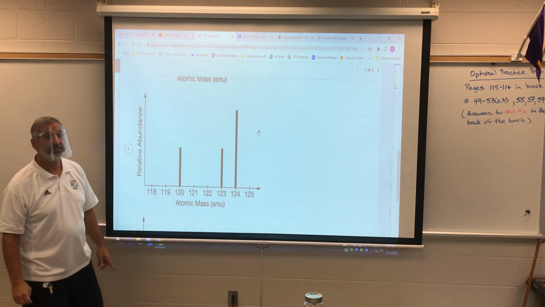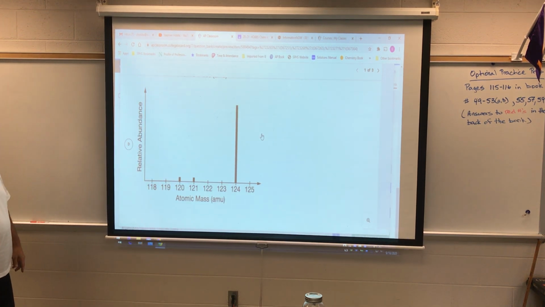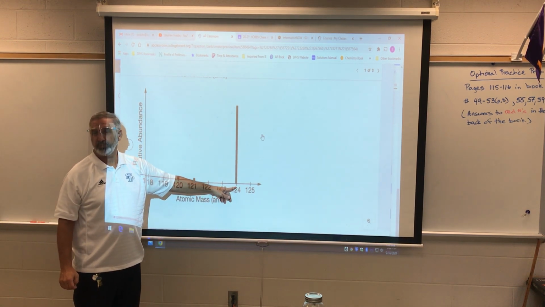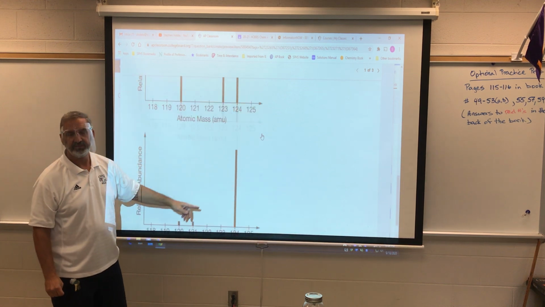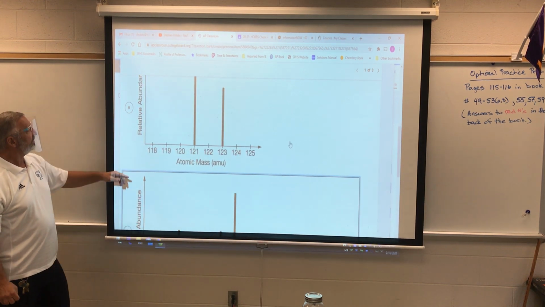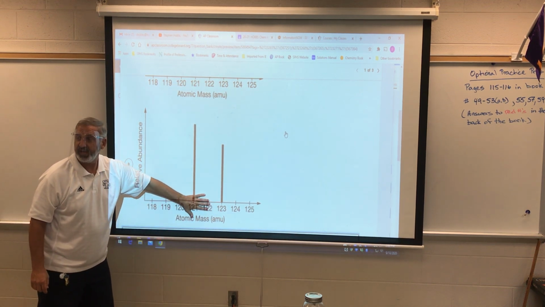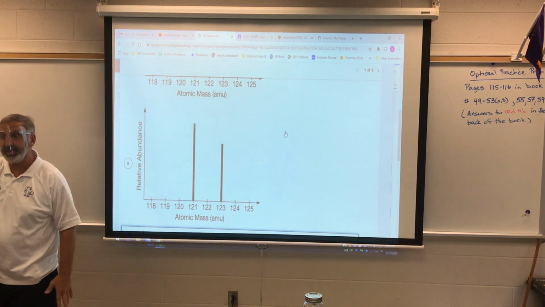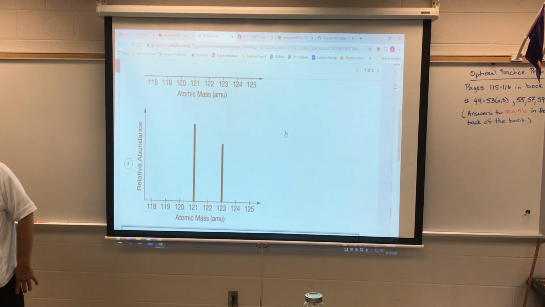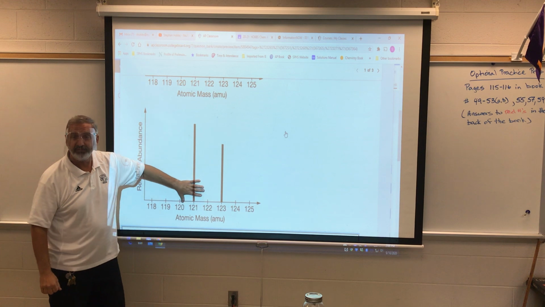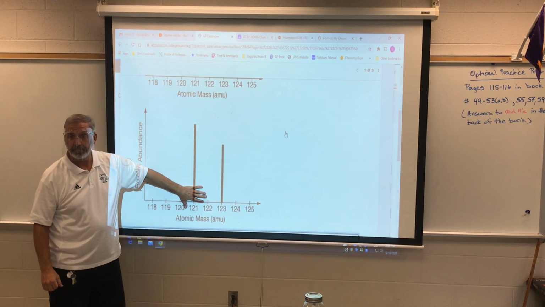And then lastly, over here, obviously, that's going to be way to the 124. Okay, so go back to B, please. So obviously this is the one that's going to give you the average. You have to use the periodic table to know what the answer is supposed to be, and that answer is a weighted average based upon the abundance here.